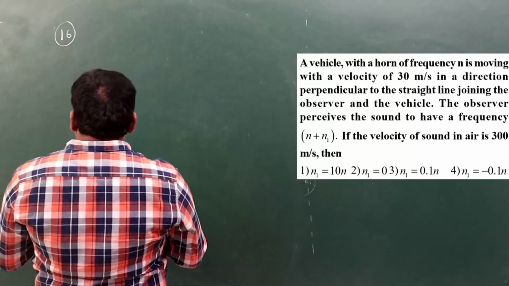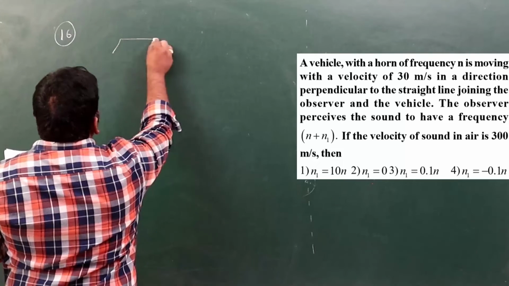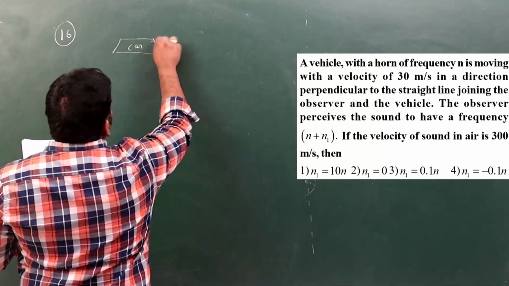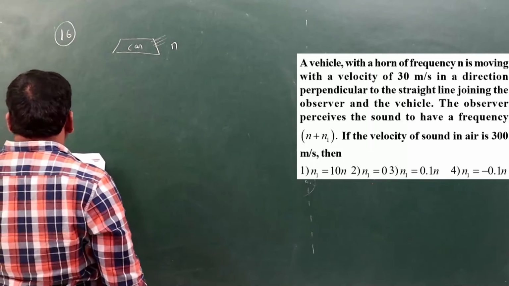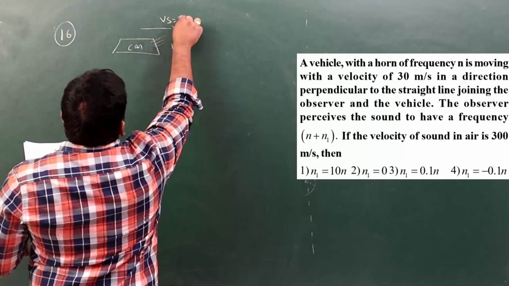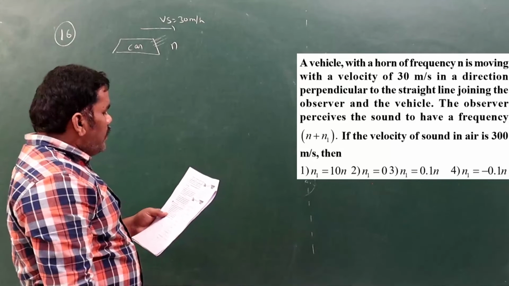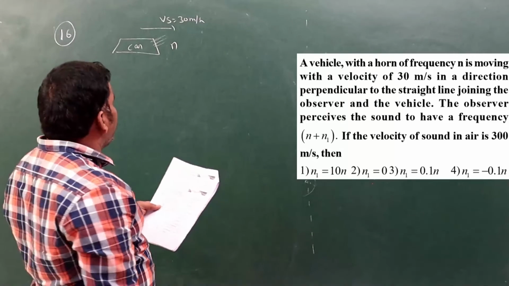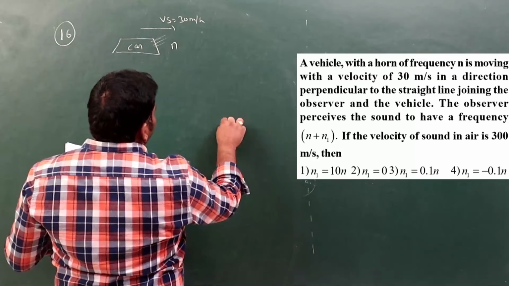See, the vehicle with the horn of frequency n is nothing but the source, moving with a speed of Vs equal to 30 meters per second in a direction perpendicular to the straight line joining the observer and vehicle. So here is the observer, and both directions are perpendicular.